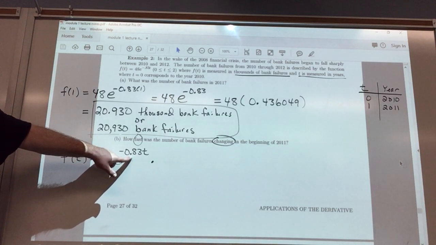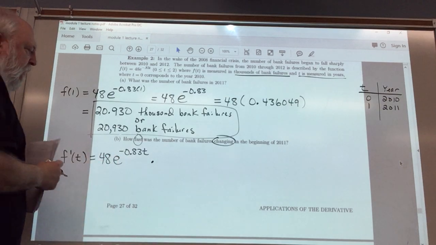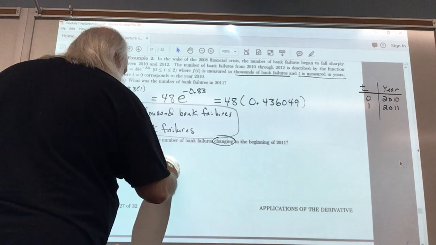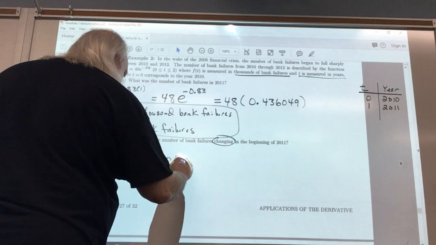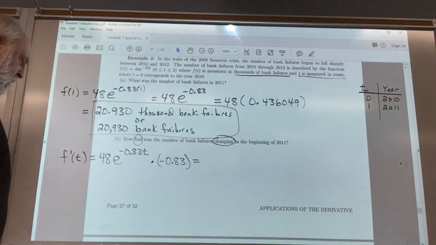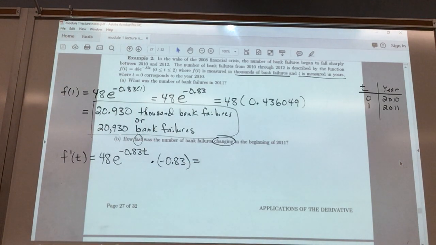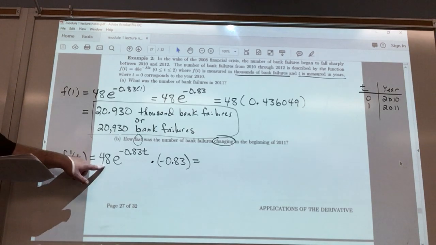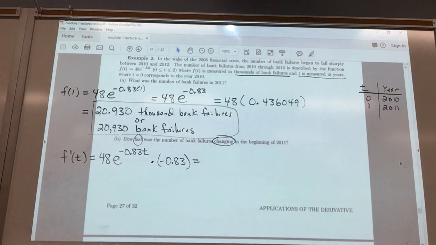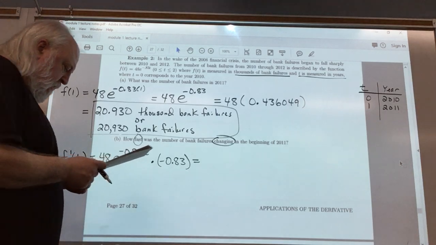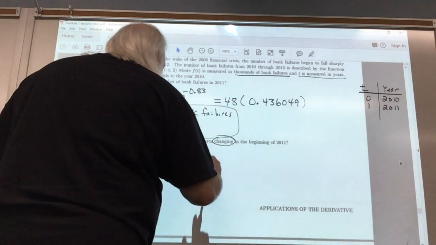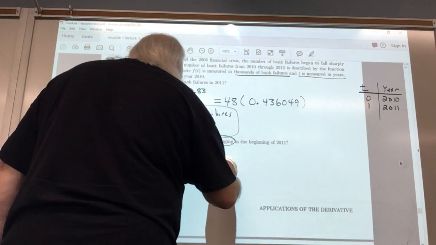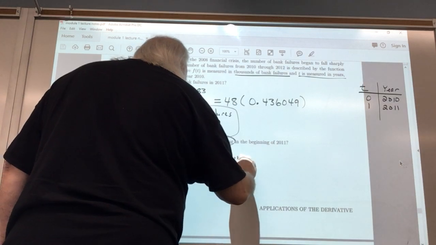And the derivative of minus 0.83 t is minus 0.83. And when I multiply 48 times minus 0.83, I get minus 39.84.